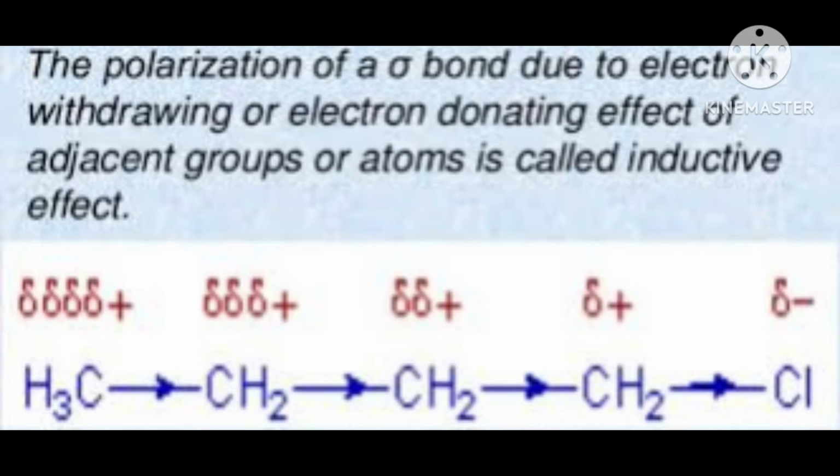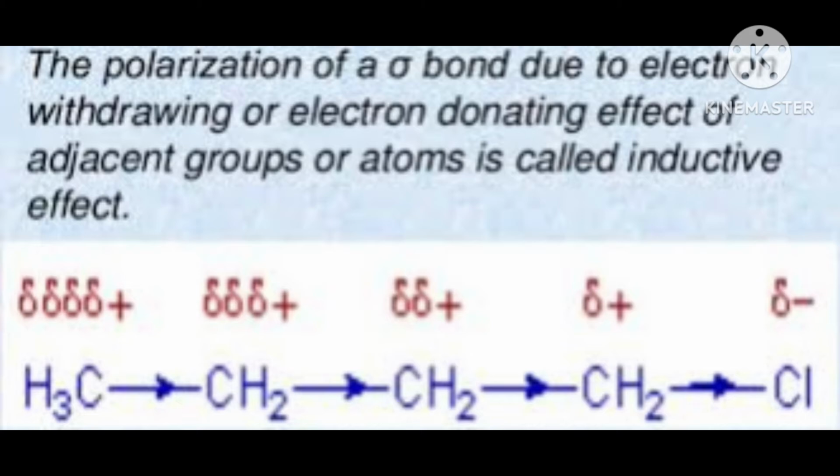A reagent that takes away an electron pair is called an electrophile. That is the reverse way. A reagent that takes away an electron pair from a nucleophile is called an electrophile. An electrophile is positively charged, E plus, which means it wants electrons, and the nucleophile gives a pair of electrons.